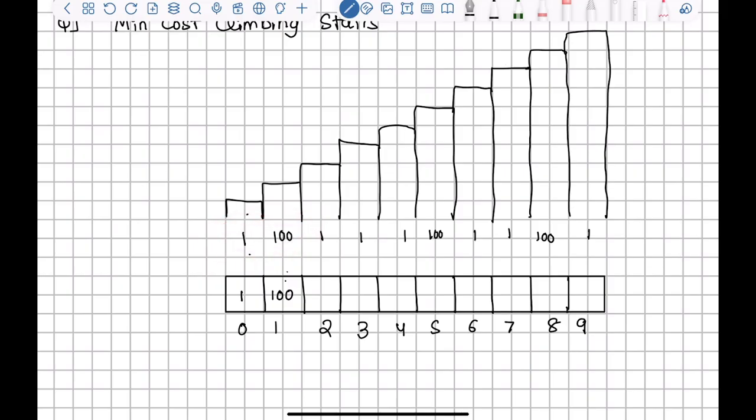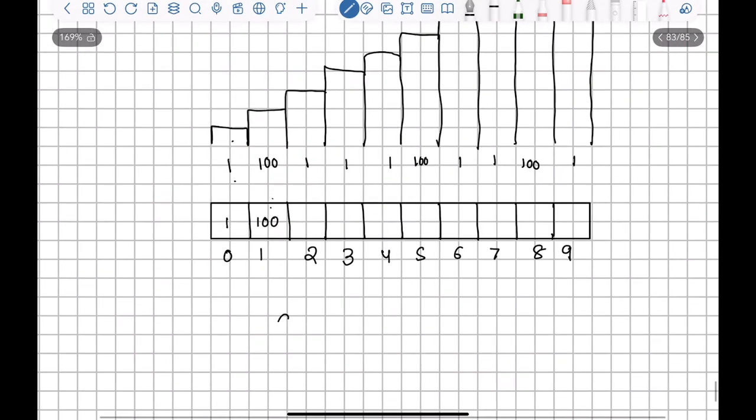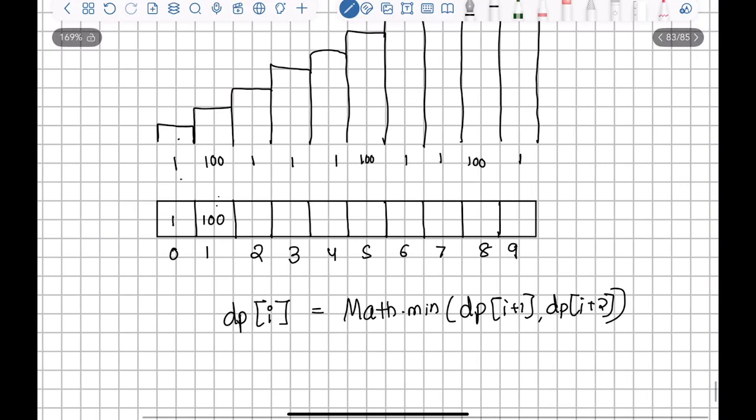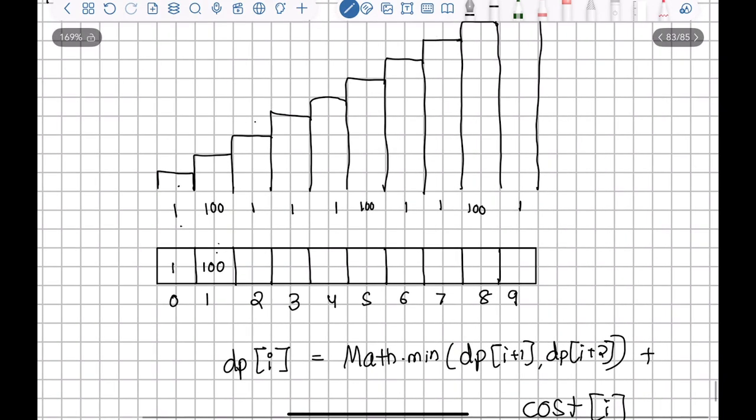So essentially our dp function would be dp at I is equal to math.min of dp at I plus 1 comma dp at I plus 2, plus cost of I. Why cost of I? Because I'm gonna take that step. If I'm reaching that step, I'm gonna take that step, right? So the minimum of these two plus 1 is 1 plus 1, 2.